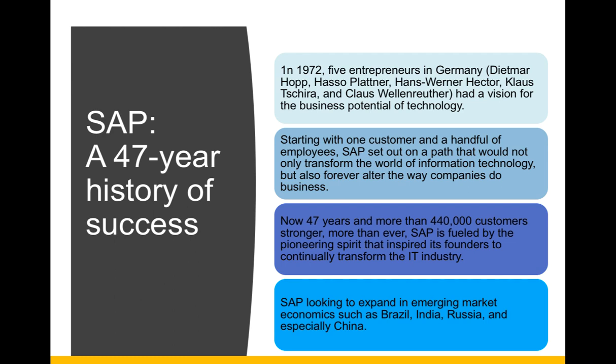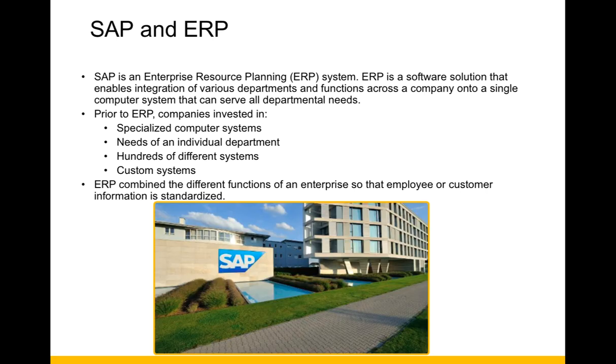And now after 47 years, they have close to 500,000 customers, a strong base, fueled by the pioneer spirit that inspired its founders to continuously transform the IT industry, and they did. Right? SAP is now looking to expand in emerging markets, for example Brazil, India, Russia, and especially in China. So this is enterprise resource planning software, management software.